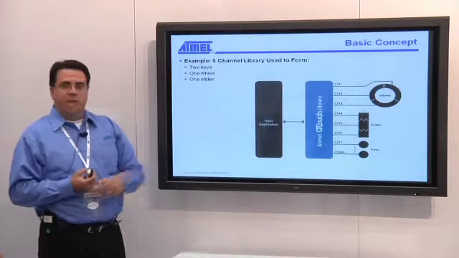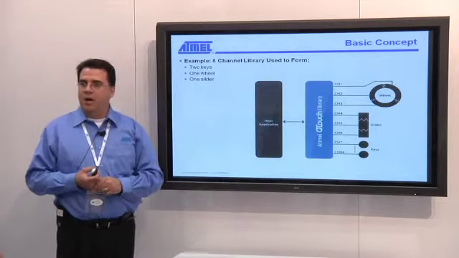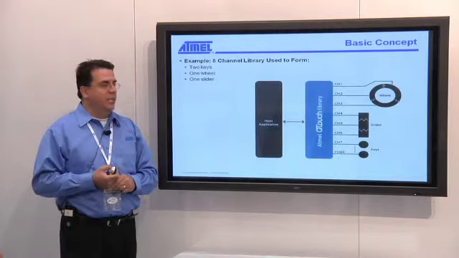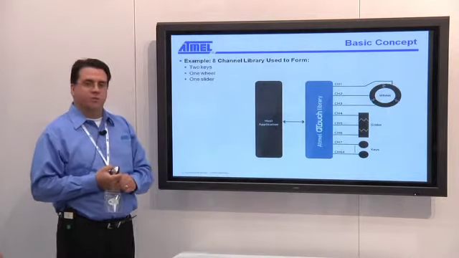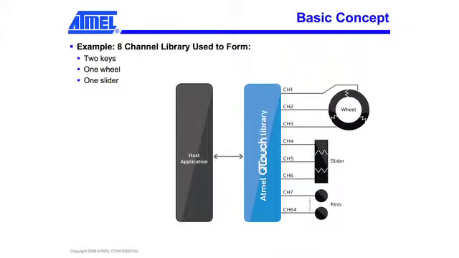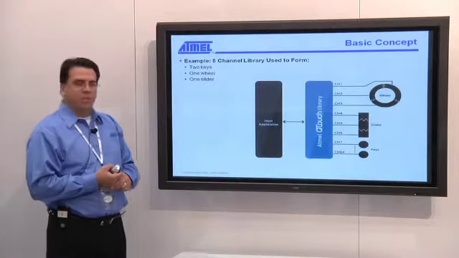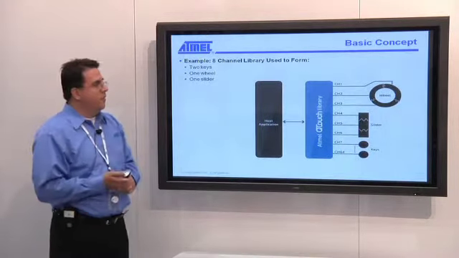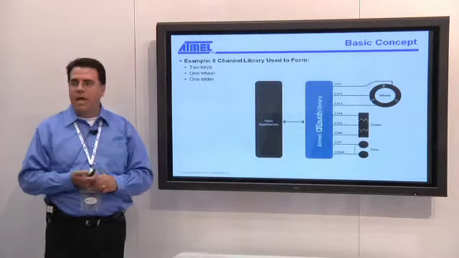Similarly, we have a linear slider where you can also implement high resolution along the slider using 3 electrodes as well. And then we have single channels for each of the buttons. So this is a simple implementation of a QTouch design that you could implement with any one of our AVR devices.